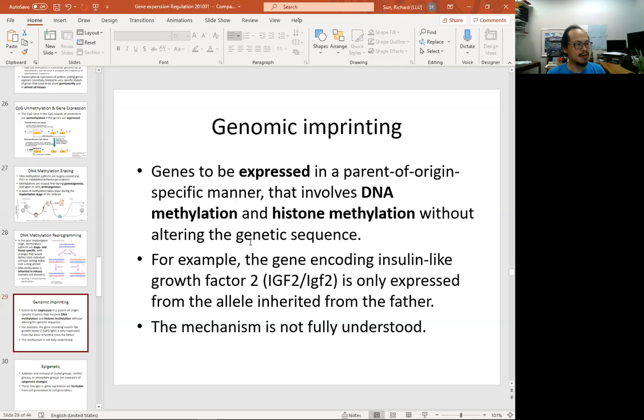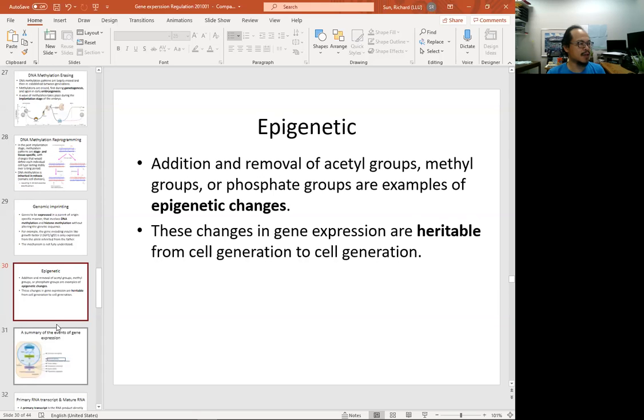So this is another genomic imprint. This leads to the idea of epigenetics: our gene expression is affected by the environment, not just by itself. The expression or non-expression is influenced by the environment.